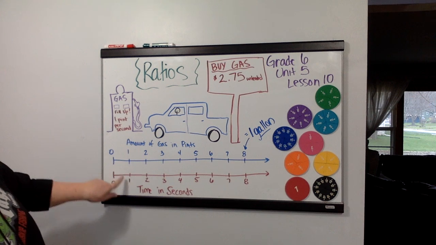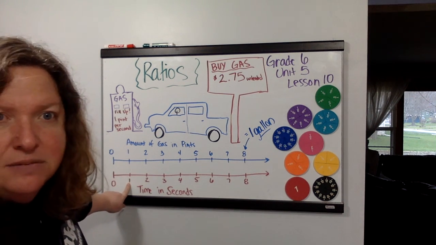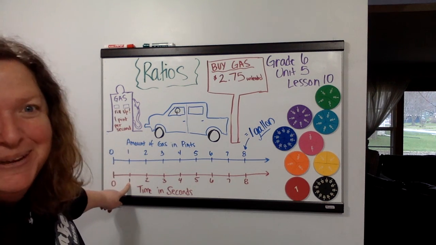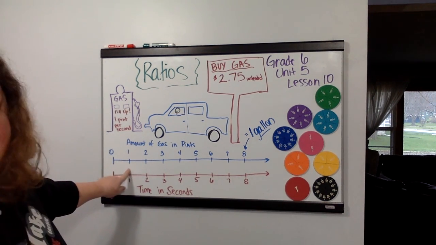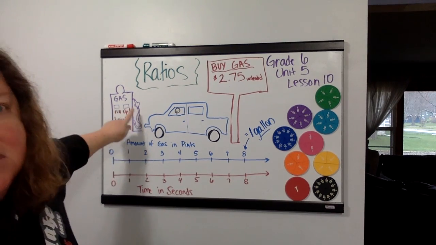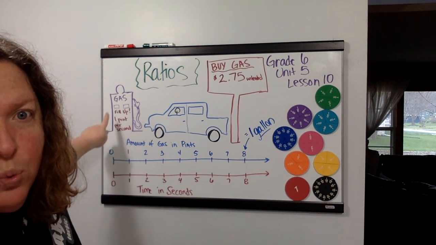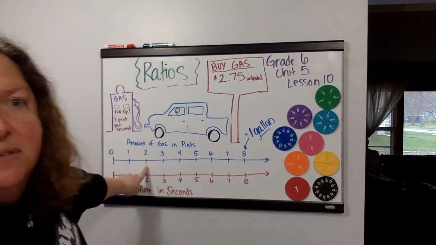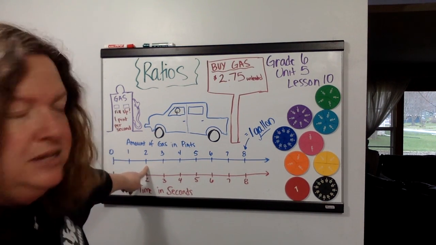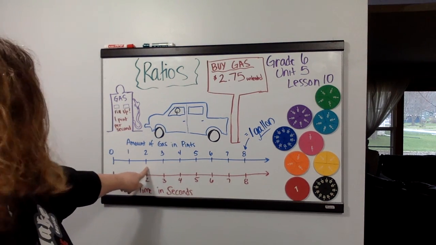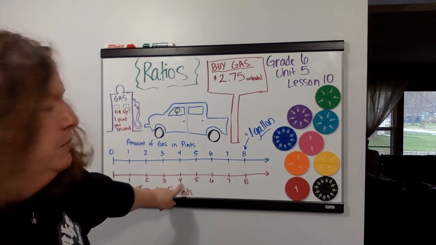So if we only pump our gas for 1 second, I don't know anyone who's going to do that, but if you did, you would get 1 pint of gas because they said up here, it says we fill up our tank 1 pint per second. So if we fill up our tank for 2 seconds, then we have 2 pints of gas. 4 seconds, we have 4 pints of gas.